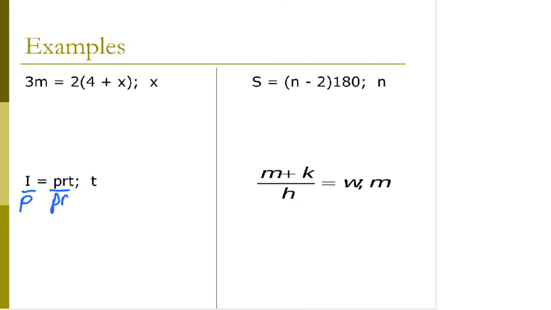The r's divide out, that's 1. So all we have left on the right side is t. And on the left we have I divided by pr. So let me write that a little bit better here. So I divided by pr is equal to t.